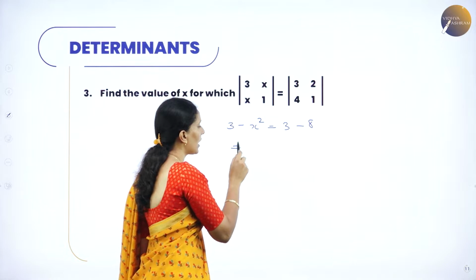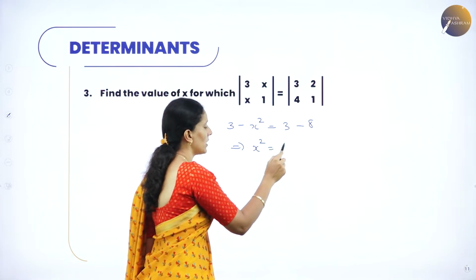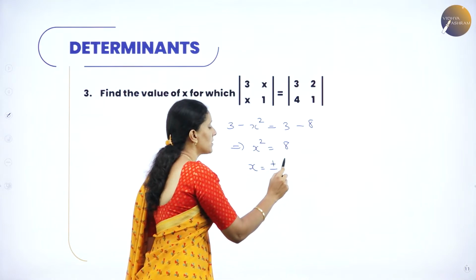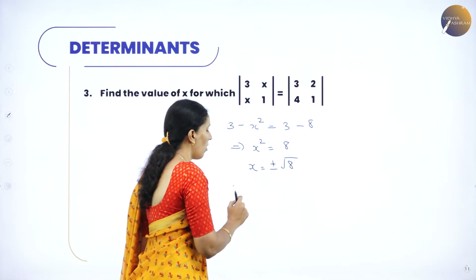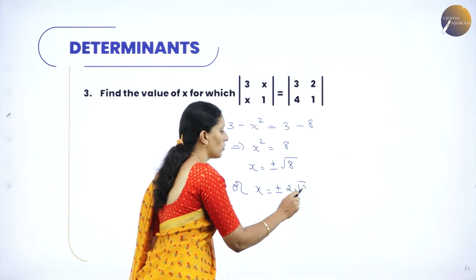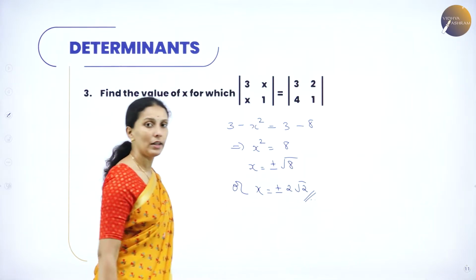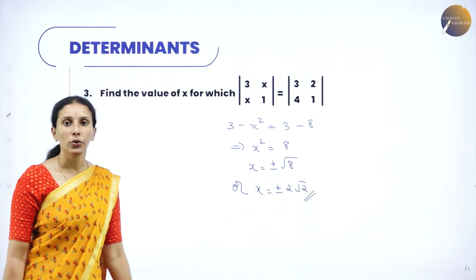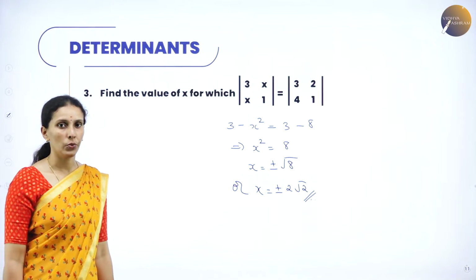So from this we can clearly write x square is equal to 8, or we get x is equal to plus or minus root 8, or we can write x is equal to plus or minus 2 root 2. That is, the value of x is plus or minus 2 root 2.